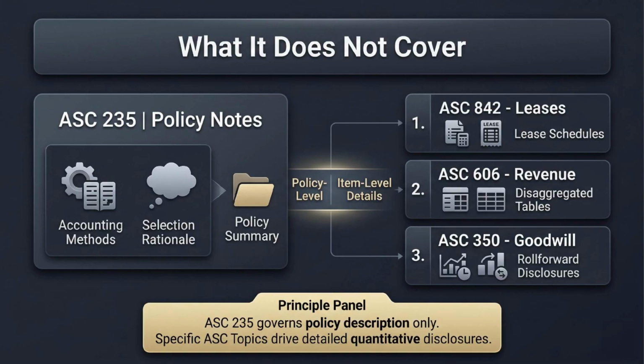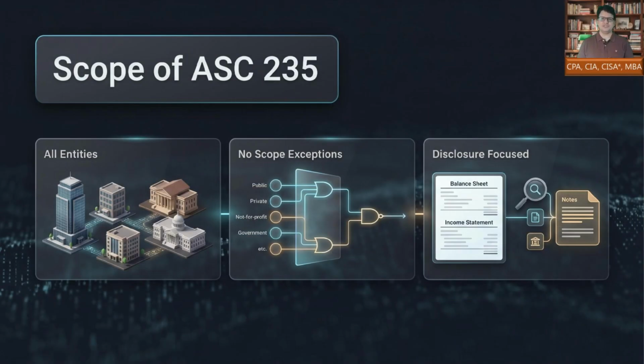ASC 235 is about the accounting policy note, such as what method was selected and how the entity applies it. Other topics may require detailed quantitative tables, roll forwards, maturity schedules, sensitivity information, or other item-level disclosures. Think of ASC 235 as the policy description layer. It tells the reader the method behind the item, but it does not become the full disclosure rulebook for every item.